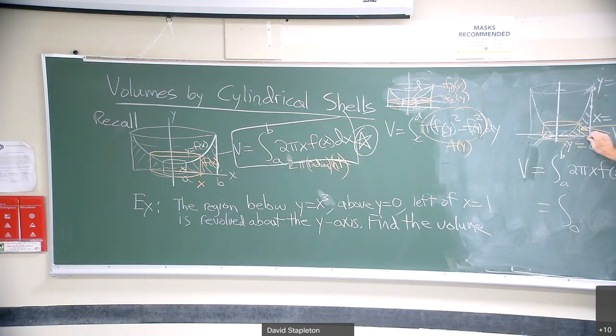And if you intersect y equals x cubed with x equals 1, you get x equals 1. And so the cylinders go from x equals 0 to x equals 1. Right? The minimum cylinder starts out here, and then you get bigger and bigger. Here's the typical cylinder at x. And the largest cylinder is this one right here when x equals 1. So this is the minimum radius.